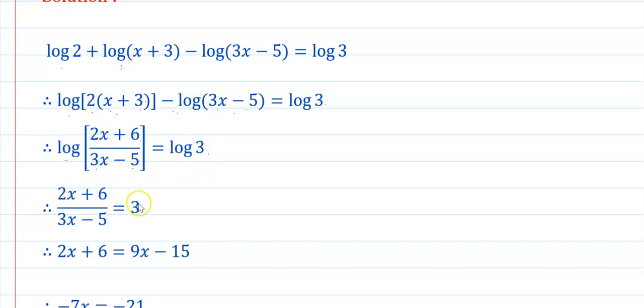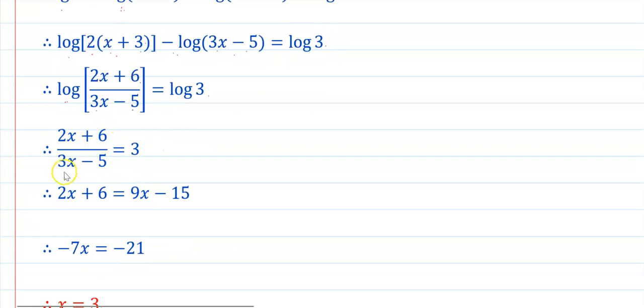Cancel log on both sides, then you will get 2x plus 6 upon 3x minus 5 equals to 3. Cross multiplication: 3x minus 5 multiplied by 3 gives 9x minus 15, and then simplify. The 9x comes here and will become minus.